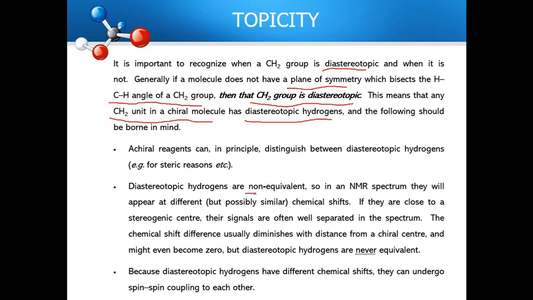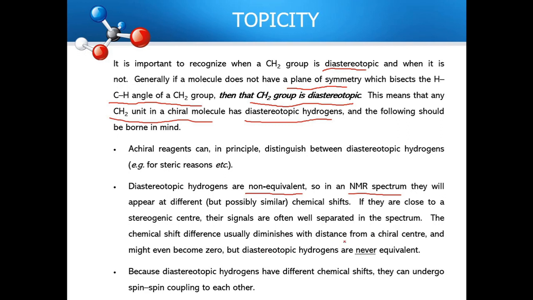Diastereotopic hydrogens are non-equivalent, so they are distinguishable using an NMR spectrum, and they will appear at different chemical shifts. If they are close to a stereogenic center, their signals are often well separated in the spectrum. The chemical shift difference usually diminishes with distance from a chiral center.